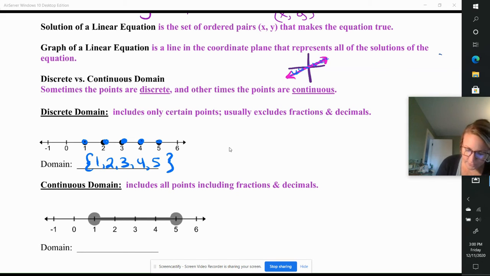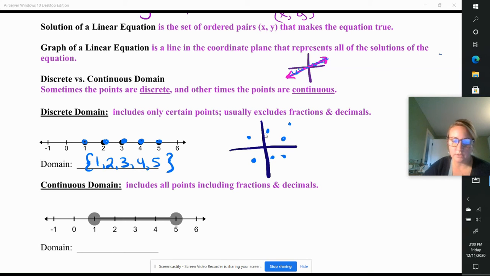Another way you could represent a discrete domain is with a scatter plot. Okay, that would be an example of a discrete domain. Those specific values are the only solutions. And a discrete domain is typically a variable you can count.